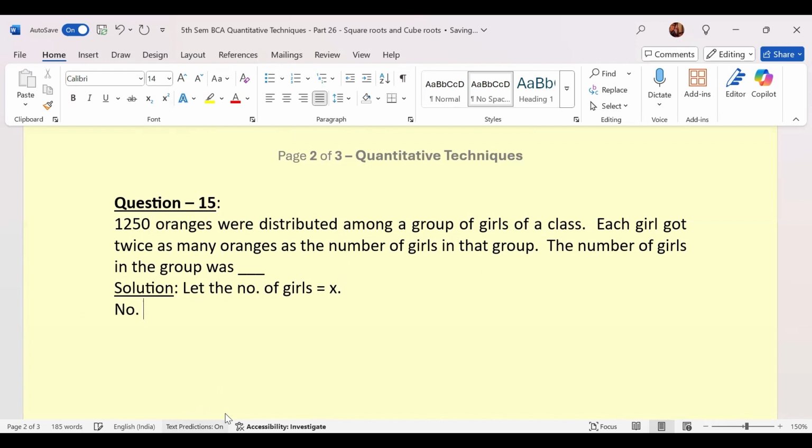Now, the number of oranges each girl received is twice the number of girls, which means 2 times x. Given total oranges is equal to 1250. That will be equated to number of girls into number of oranges, so x multiplied by 2x, that will be equal to 2 times x square.